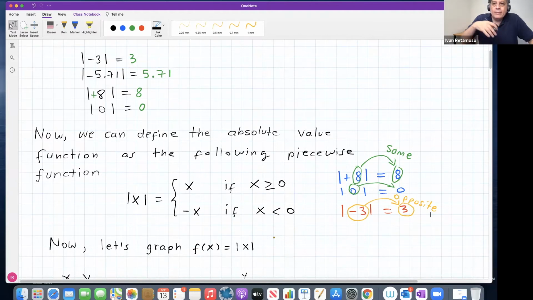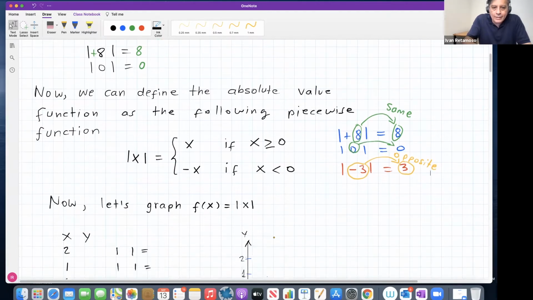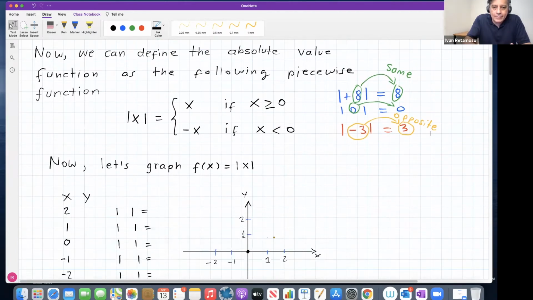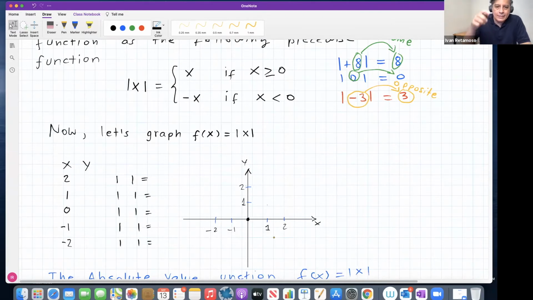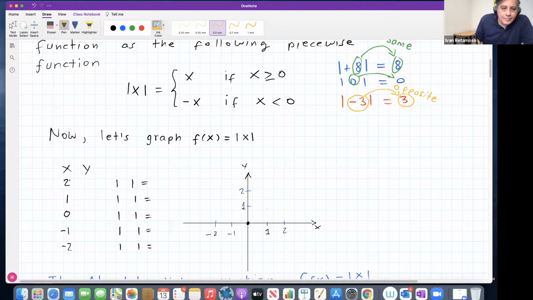But now we're going to do some transformations with these absolute value functions, first in its basic form, and later we will take more challenging forms. Now, assuming that we have understood the definition, let's allow ourselves some input values such as 0, 1, 2, -1, -2, and let's calculate.